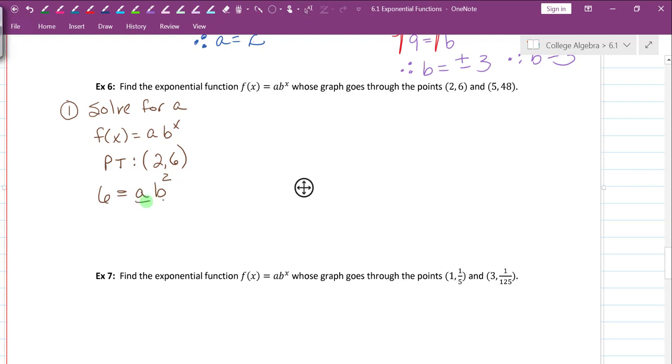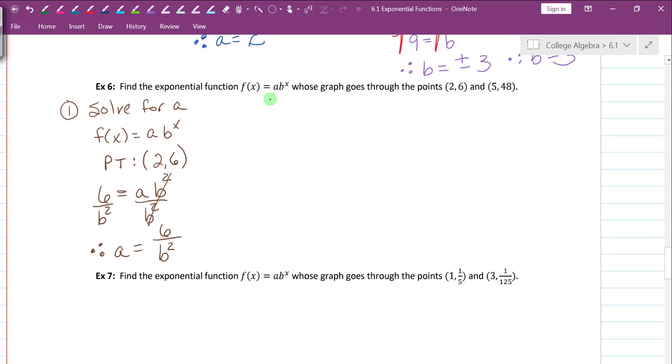I'm solving for a. I'm going to divide both sides through by b squared. And I'm going to get, therefore, because that's going to go away, a is equal to 6 divided by b squared. Now I didn't solve for a number, but I did solve for what a is, and it's written in terms of what b is.